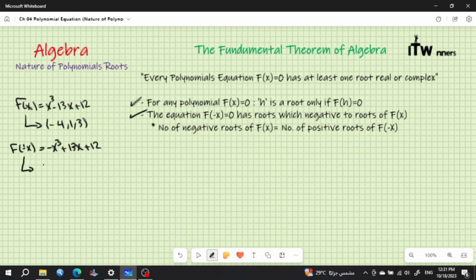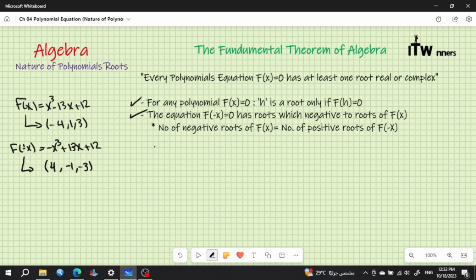The roots of this equation will be 4, -1, -3. And the last one from these sub-statements is: the number of negative roots of f(x) equals the number of positive roots of f(-x).